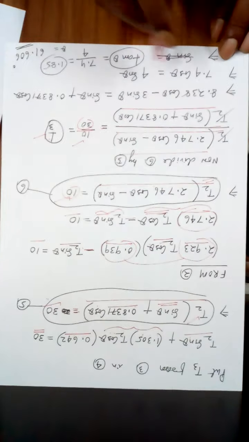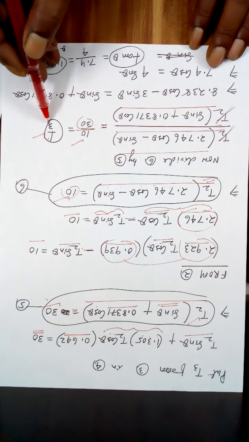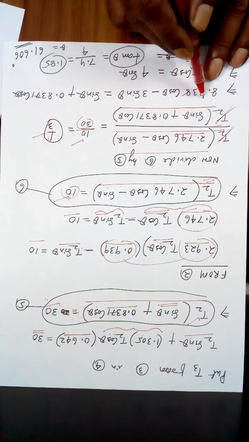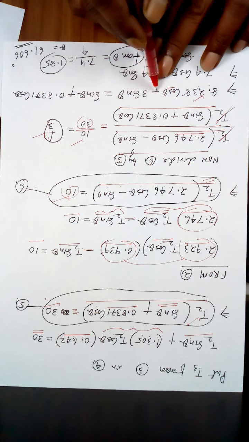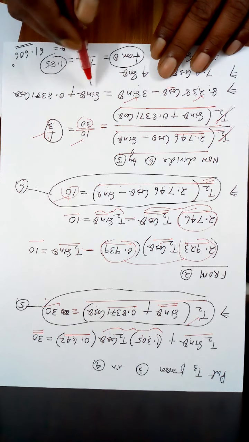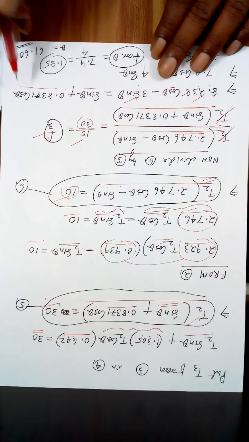Now it is simple. Now T2 cancels. Now cross multiply. 3 times this, 3 times 2.746 is 8.238 cos theta minus 3 times the sin theta. This is multiplied with 1, so it becomes sin theta plus 0.8371 cos theta.